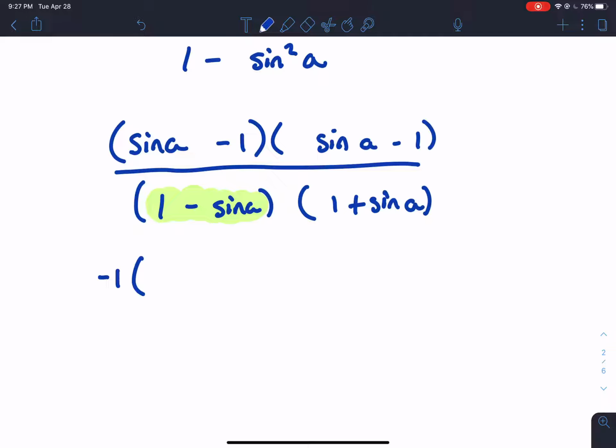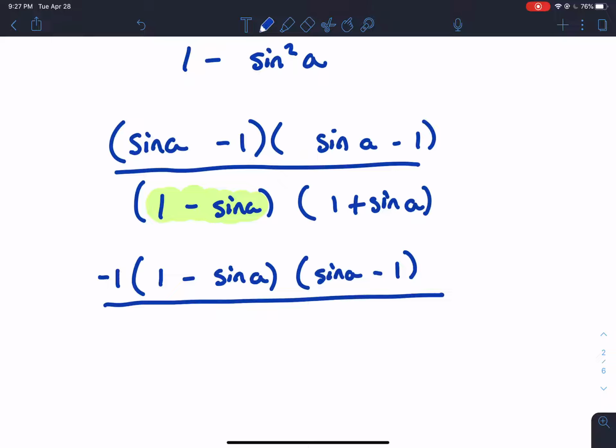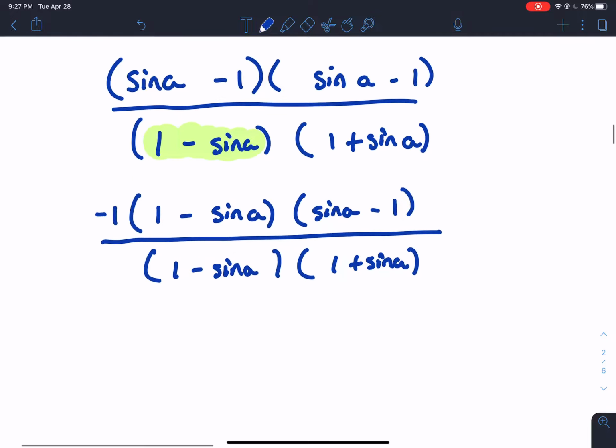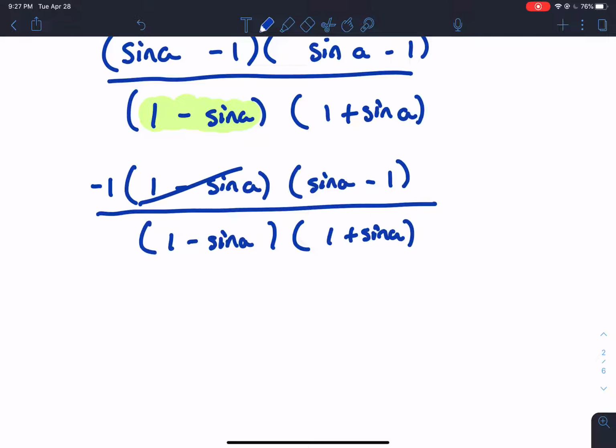If you take out the negative 1 from the first factor there, that's going to become 1 minus sine of A, okay, times sine of A minus 1, over 1 minus sine of A times 1 plus sine of A. Obviously these are going to cancel.